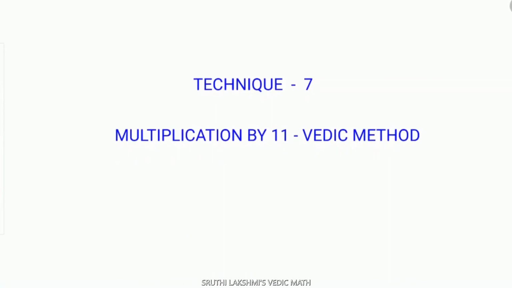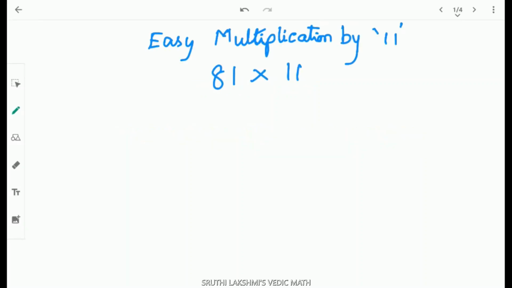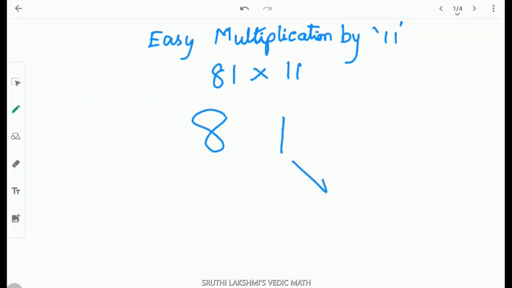Technique 7. Multiplying numbers by 11. It's a very easy method. Let's use 81 times 11 as our example. Write 81 and then write 1 as it is.